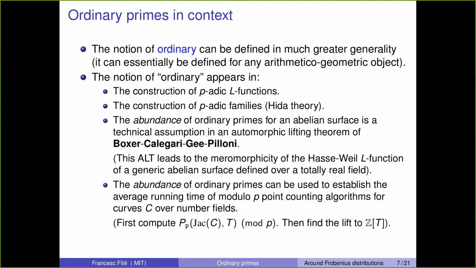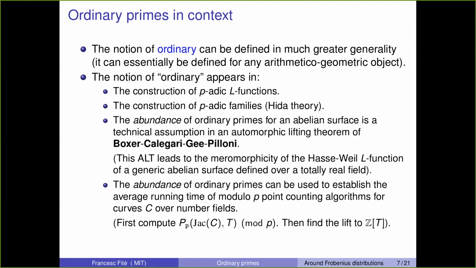Okay, another example where one can use the abundance of ordinary primes is when one wishes to establish an average running time for an algorithm that counts points modulo p for some curve defined over a number field up to some bound.